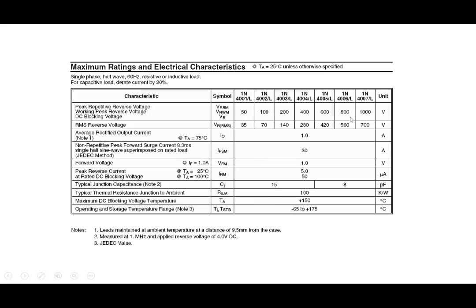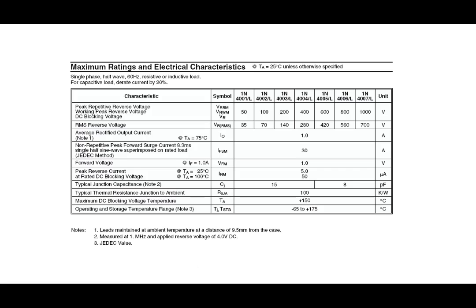Note that the higher the rating, for example, if you choose a 1N4007 with a 1000 volt rating, that would be more expensive than a 1N4001 with a 50 volt rating. So we would like to choose a diode which is just appropriate for our application. We do not want to choose something with a very high rating, because then we'll be unnecessarily paying a lot more.